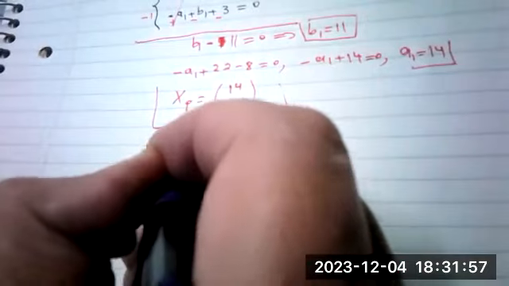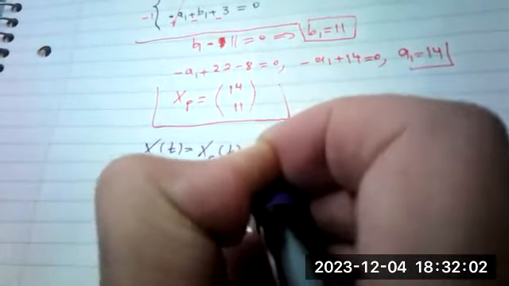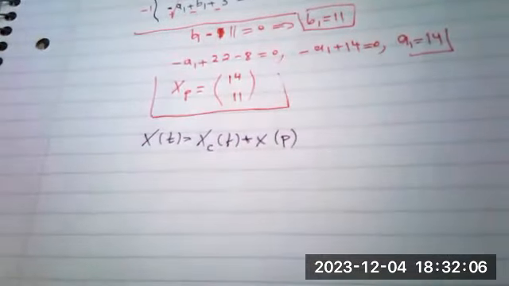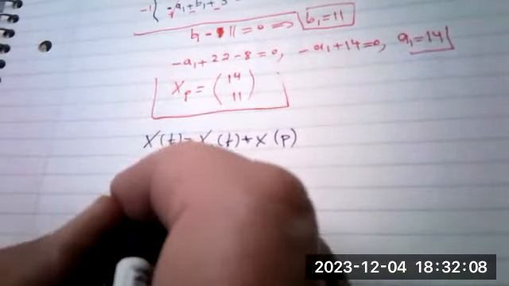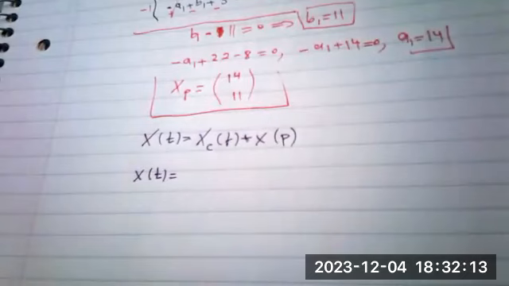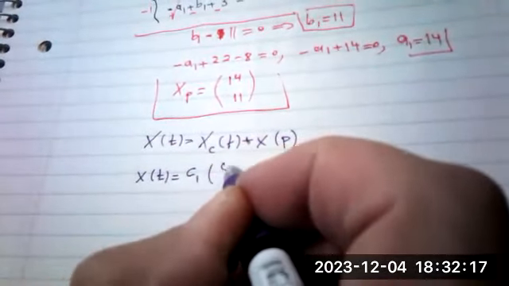We get x of t is equal to xc of t plus xp. If you substitute, remember, x of t is equal to c1 x1, so this is going to be c1 times cosine of t plus sine of t, plus c2 times sine of t minus cosine of t, plus the xp, which is 14, 11. That would be the general solution.